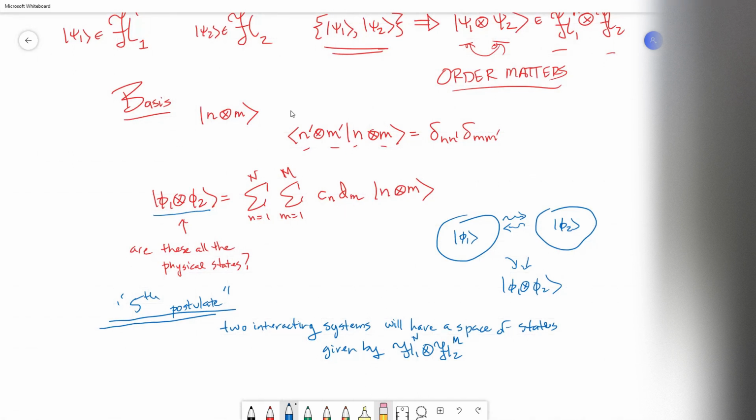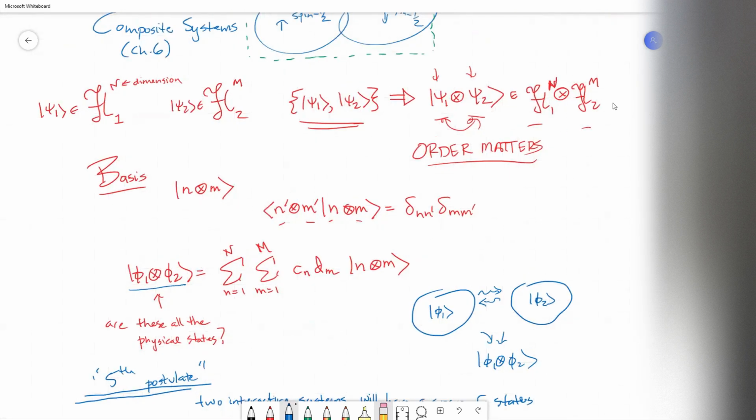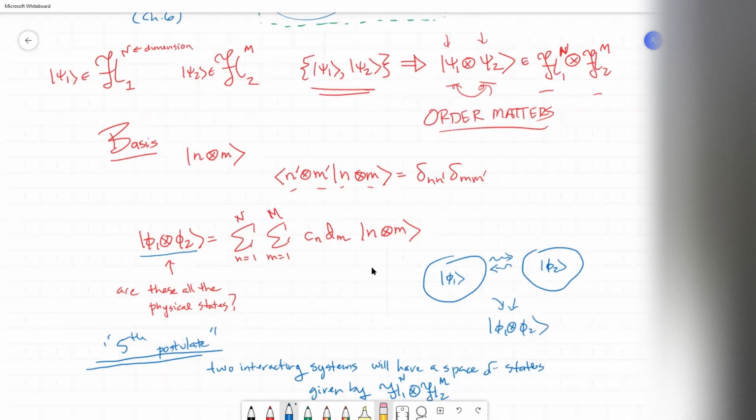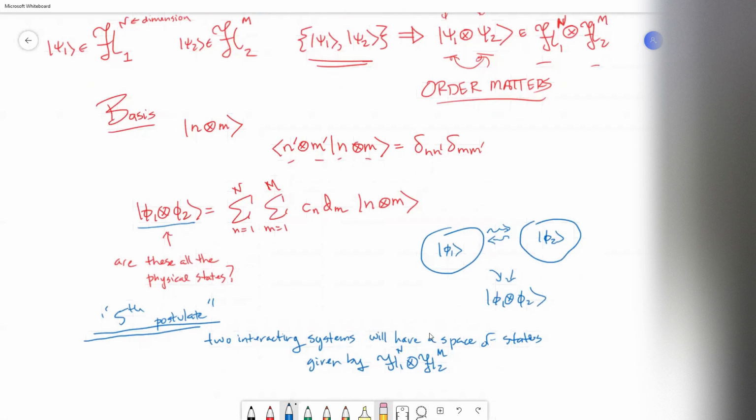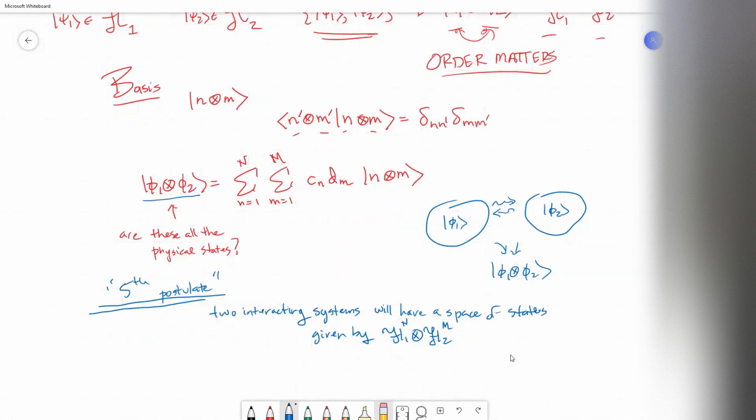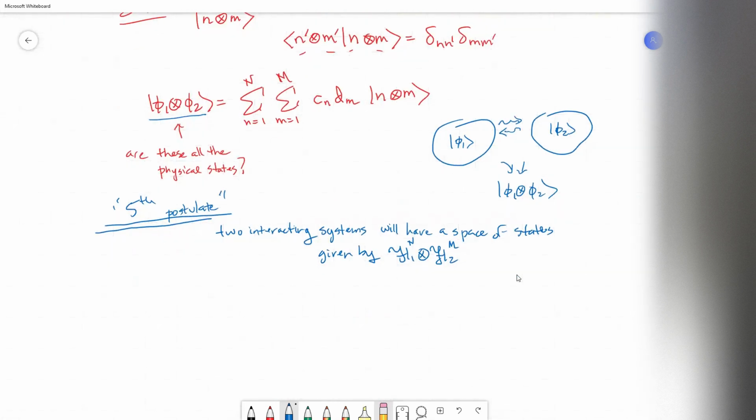But the point is that we introduced this tensor product of Hilbert spaces, and this is the relevant space for the composite system. This postulate just states that when you have two systems, we can think about their combined state as some vector inside this tensor product of Hilbert spaces for the first system and the second system. So that's it. That's all we know for now, and that's the content of this fifth postulate.